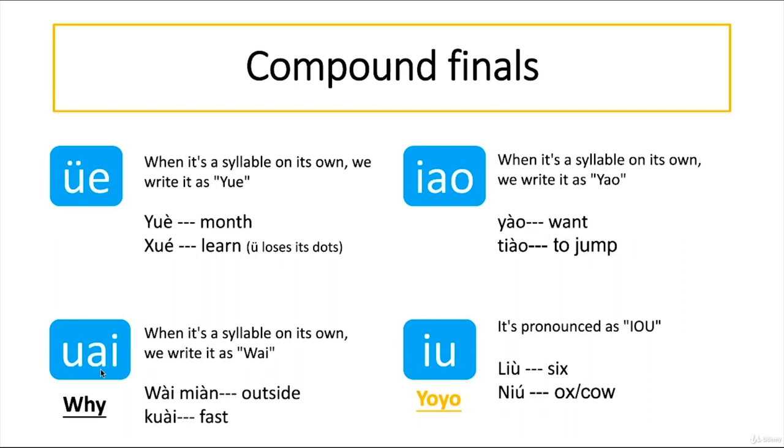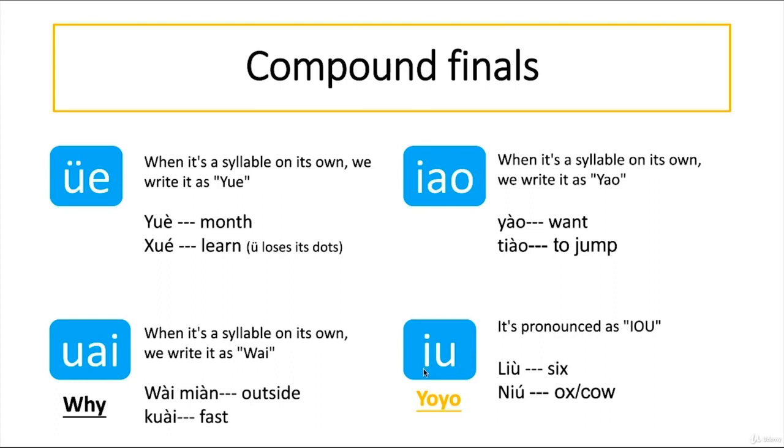Read it after me. Why, why, why. When it's a syllable on its own, we write it as wai. For example, 外面 means outside. 快 means fast.